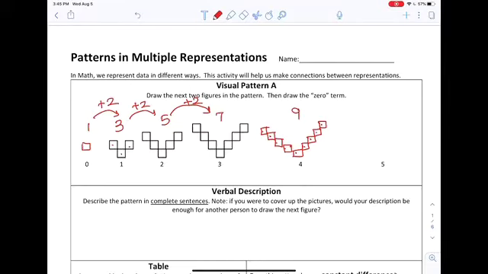So we have 9 squares here. In figure 5, we are adding 2 more, so we should expect that there are 11 squares. 1, 2, 3, 4, 5. 1, 2, 3, 4, 5. Let's count: 1 through 11.